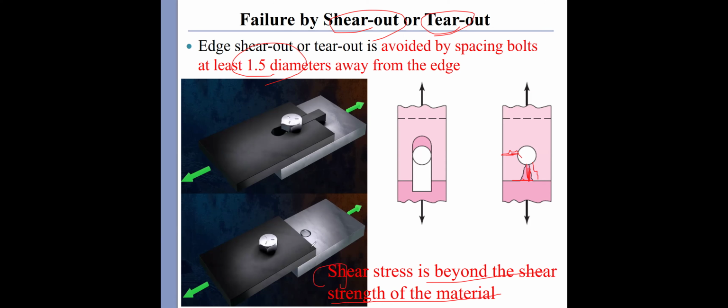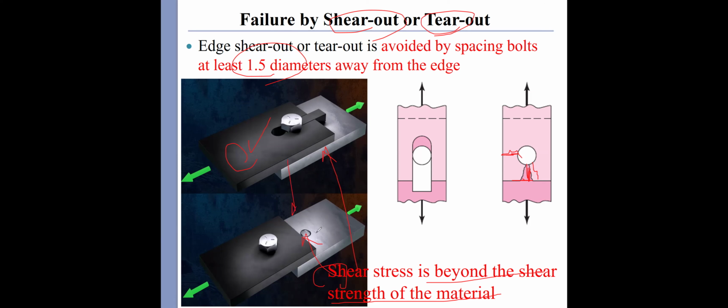Okay, so it's this case. If the shear stress is already beyond the material's shear strength, of course the material will directly fail. So in this case, this plate, whose shear strength is smaller than the shear stress applied, this member fails first.